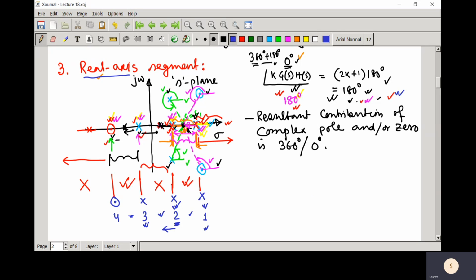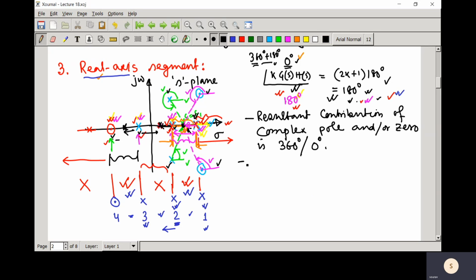That means odd number. So that means the portion of that real axis would belong to the root locus if you look to that right, and if the number of poles and zeros is odd, then only that portion would belong to the root locus. So let us write.